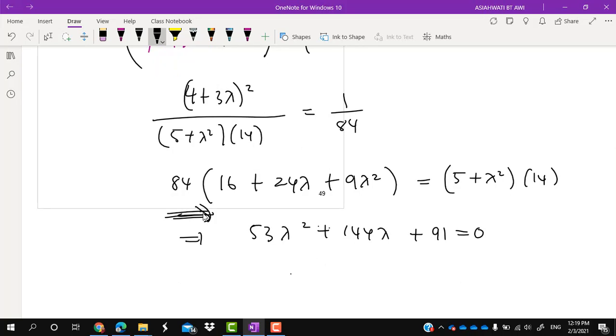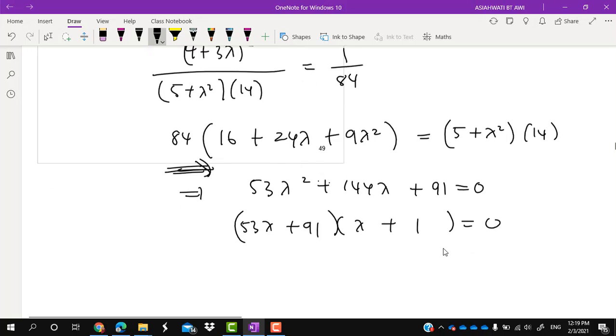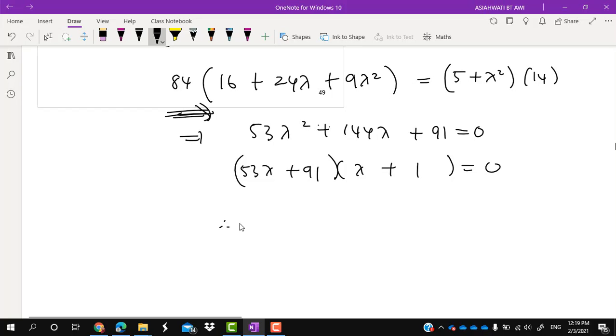Then for the quadratic, factorize or use a calculator to find lambda. Here it is 53 lambda plus 91 times lambda plus 1. Therefore lambda is equal to negative 91 over 53 or lambda is equal to negative 1. Double check, because this involves a square root.